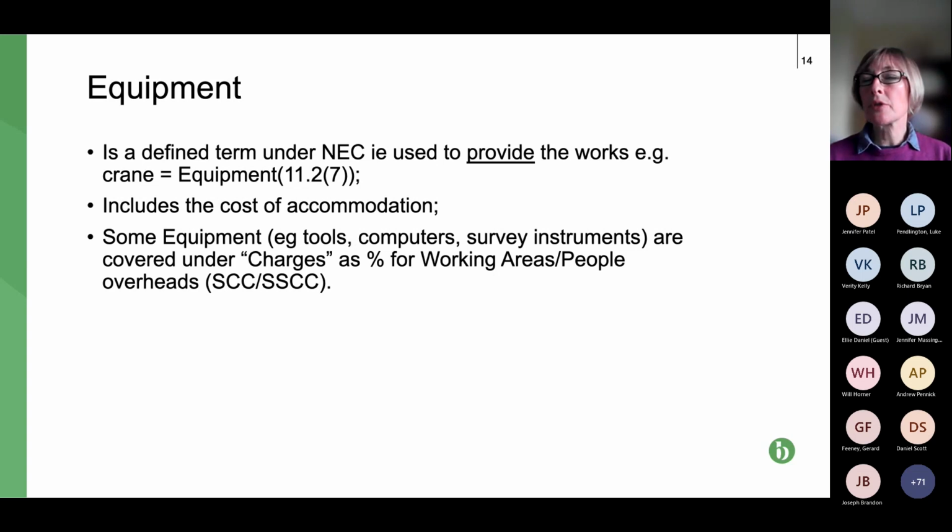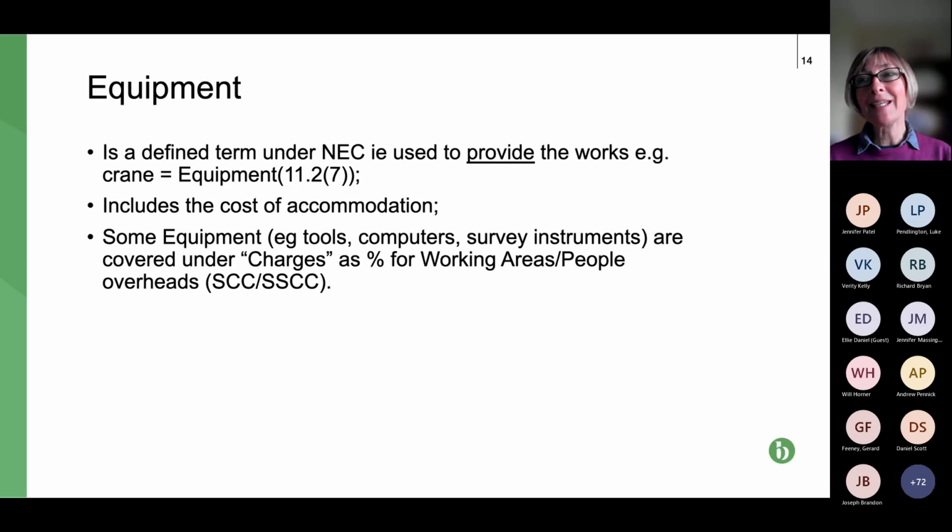So it includes the cost of the accommodation, and this refers back to what I said about the charges item, because some of what we might think of as equipment, computers, all that kind of stuff that goes in your site cabin, hand tools, all those smaller items, are included in the charges section rather than the equipment section.